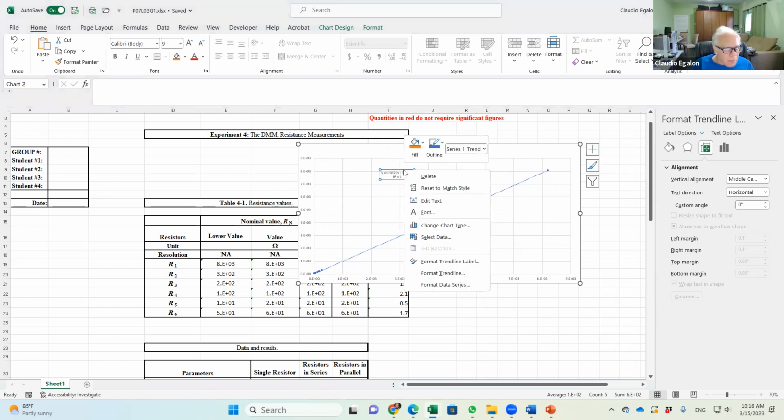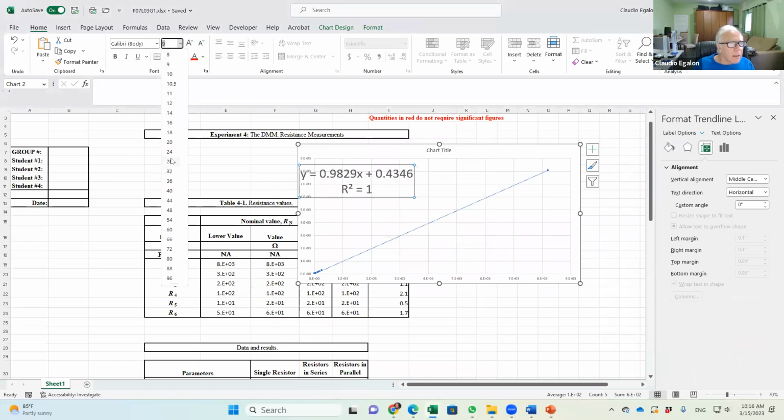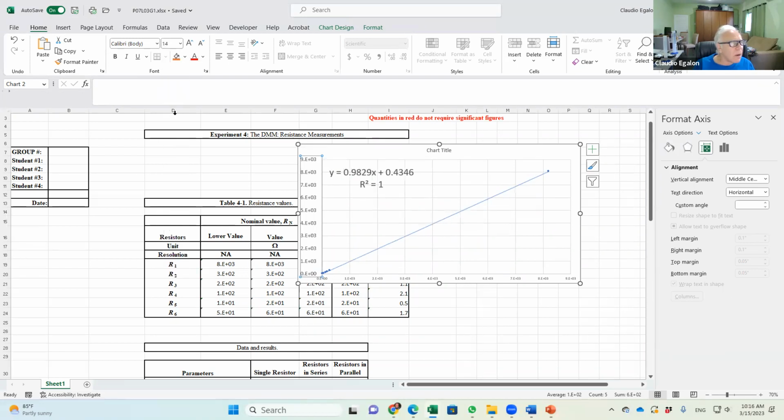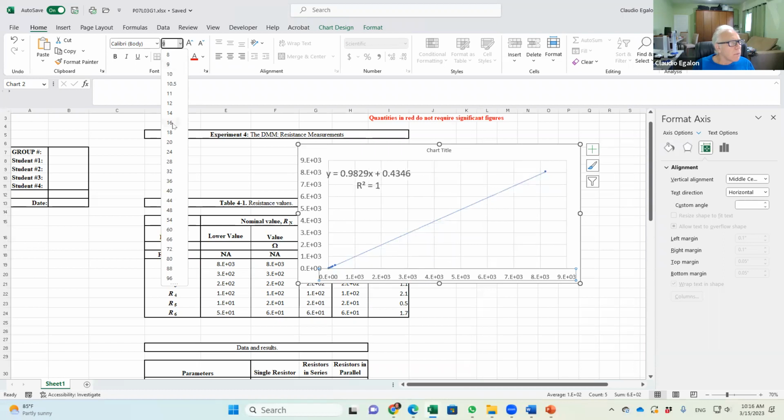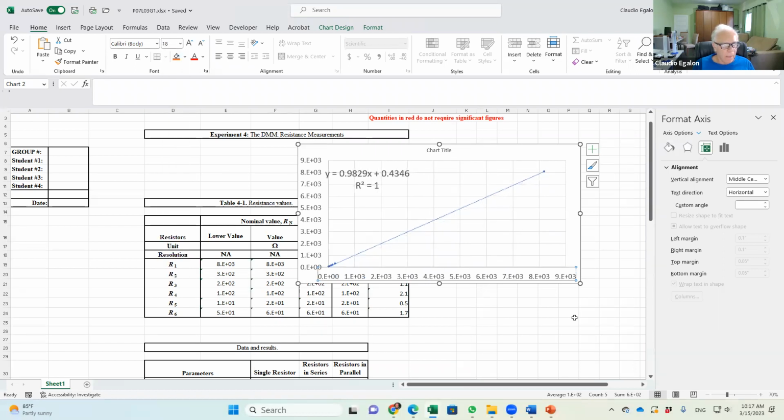Better now. For some reason, those fonts here are very small.